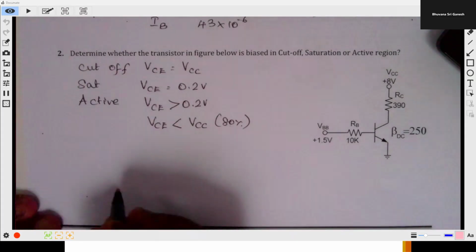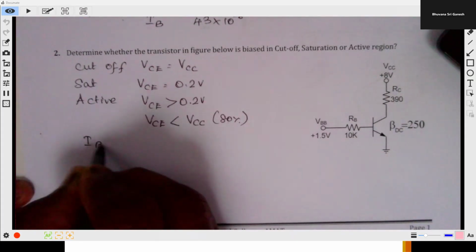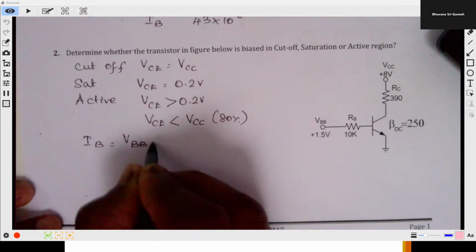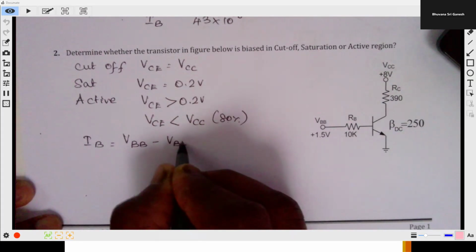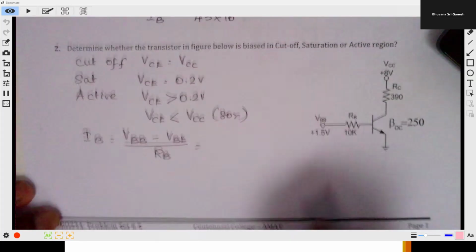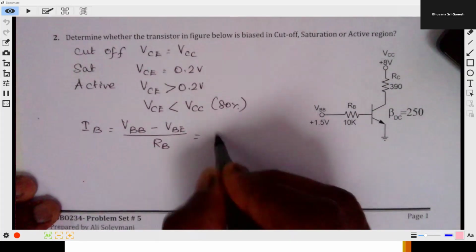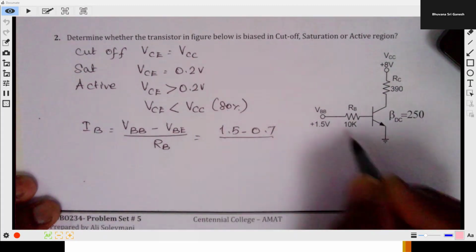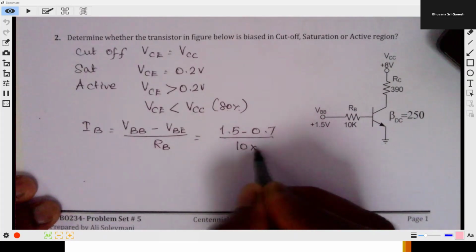Again we'll calculate IB. IB equals VBB minus VBE over RB. So VBB is 1.5 volts. 1.5 minus 0.7 over the value of RB, which is 10 kilo, 10 times 10 power 3.